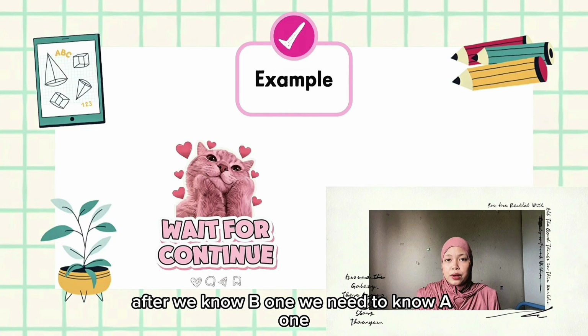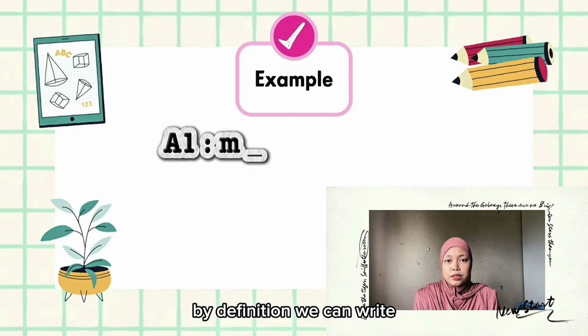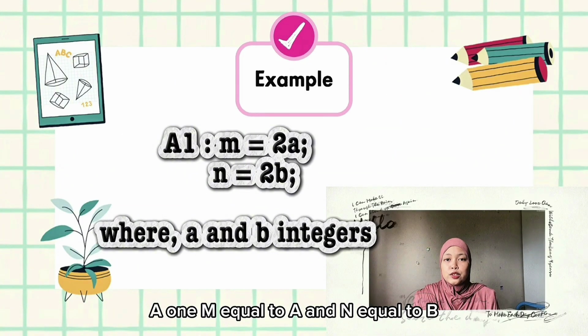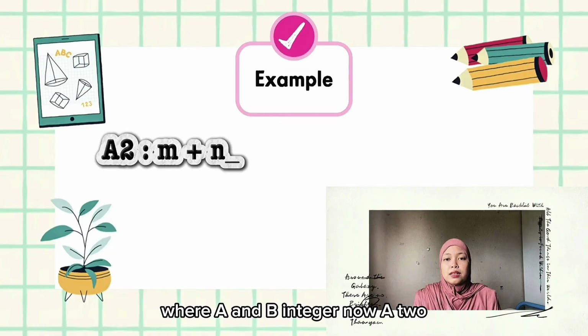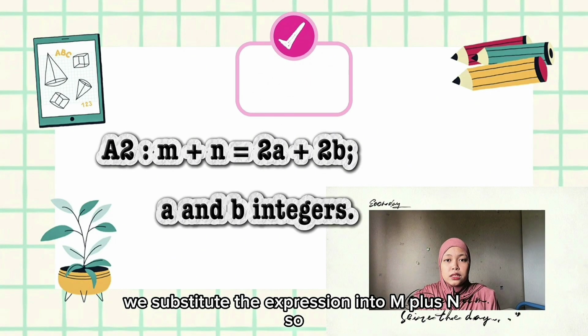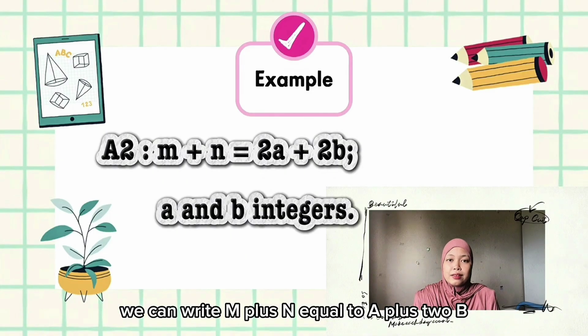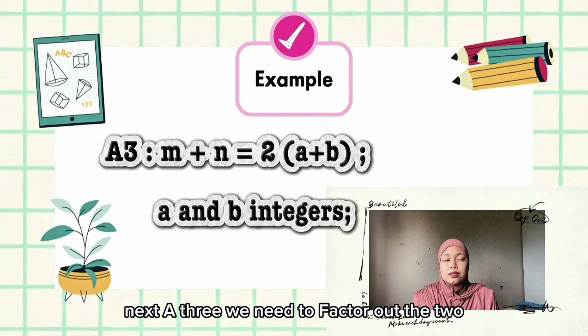After we know B1, we need to know A1. By definition, we can write A1: m equal to 2a and n equal to 2b, where a and b are integers. Now, A2, we substitute the expressions into m plus n. So we can write m plus n equal to 2a plus 2b. Next, A3, we need to factor out the 2.